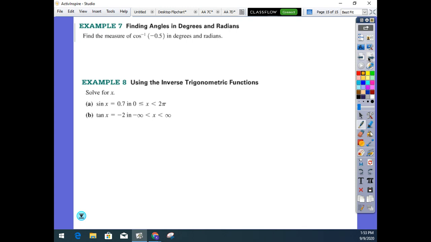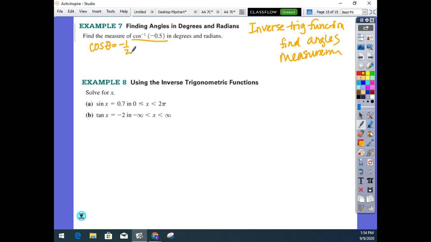So the cosine inverse finds your inverse trig functions. Find angle measurements. Now, this is why. Think of this: cosine theta equals, and I'm going to say -1/2 because this will make better sense when we solve it.